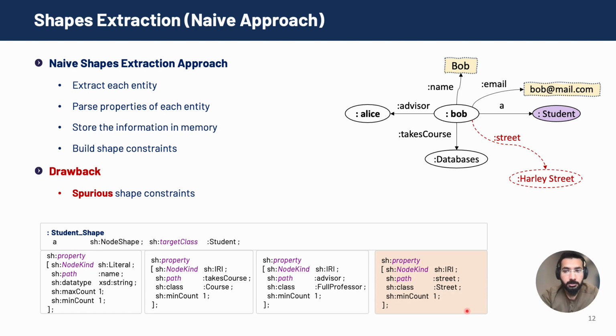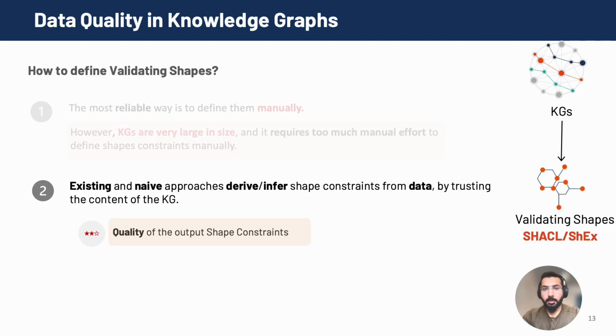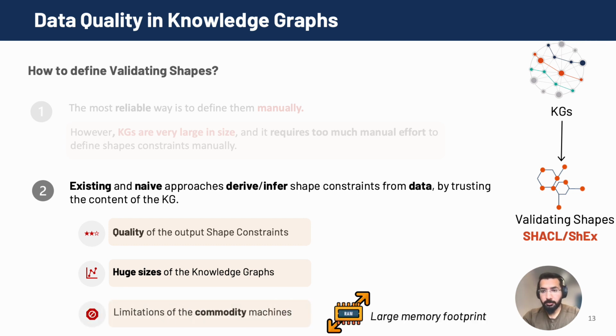So, if the shapes are extracted from the data and the data contains errors, such errors will result in spurious properties. Quality concerns are one of the challenges in existing shapes extraction approaches. Such approaches are also not able to handle shapes extraction from very large knowledge graphs and have limitations on commodity machines due to large memory footprint.